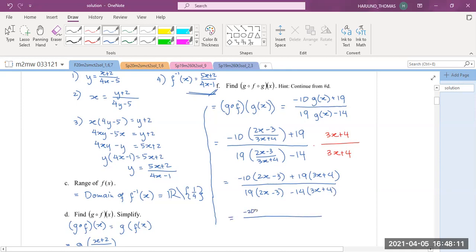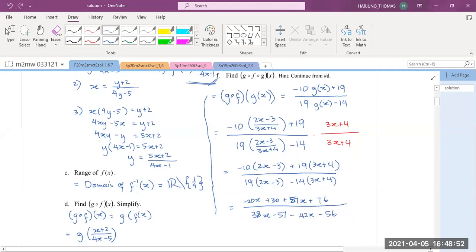That's negative 20x plus 30 plus 57x plus 76 over 38x minus 57 minus 42x minus 56. Okay.